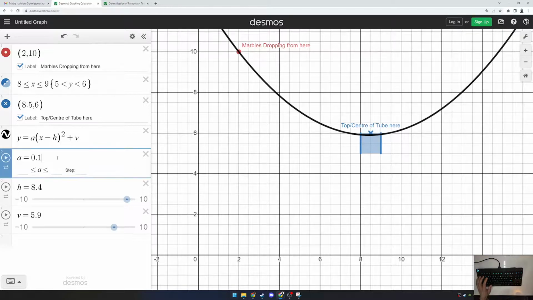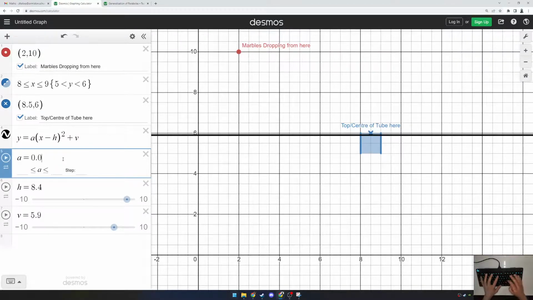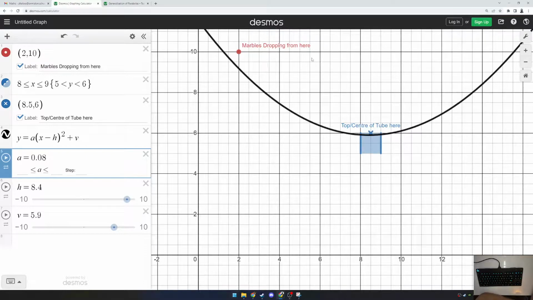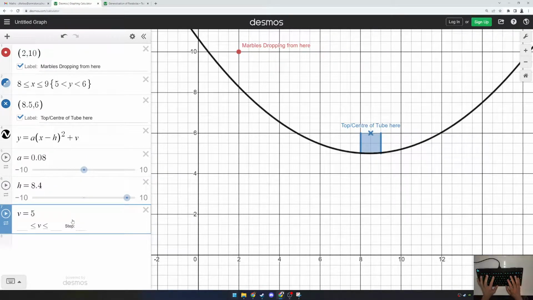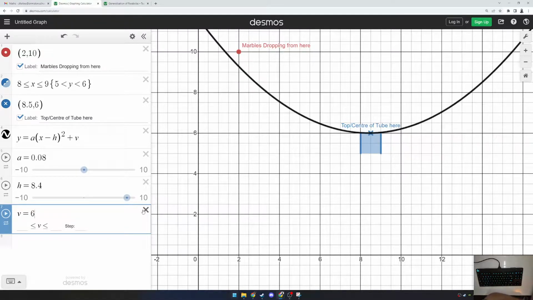And maybe then you're like, oh, it's not quite right, 0.08. You tinker with it a bit, then you drop the marbles, see if it works, and that's all good. But we actually need to have a better understanding of the maths than just dragging sliders around. This is a problem-solving skill, and it's good, but we're actually going to have to calculate a scale factor.